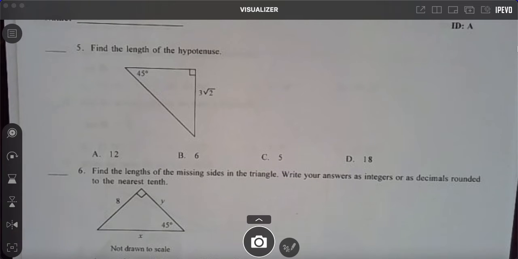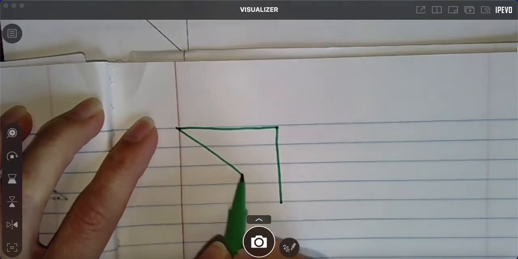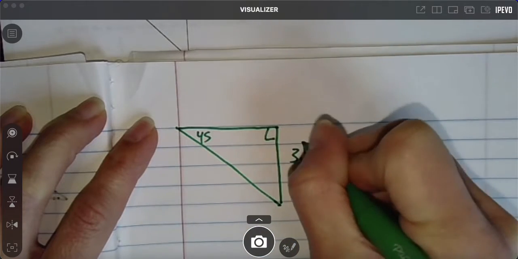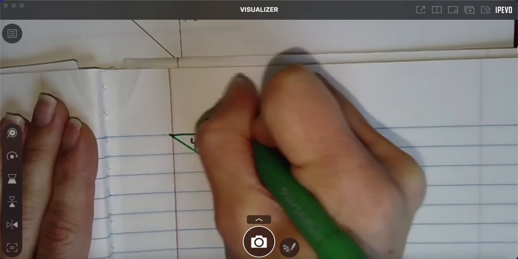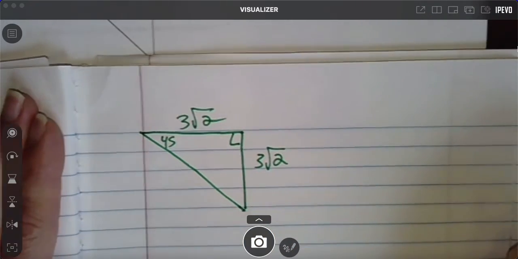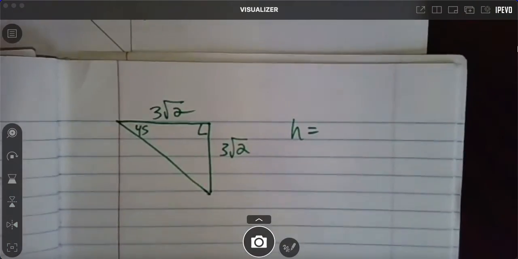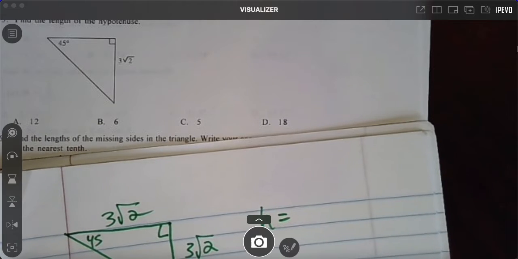So the 45, 45, 90, let me draw our picture first. This is when the leg lengths are the same. So I have a 45, 45, 90. If this is 3 square root of 2, then what's this one? 3 square root of 2. How did we find our hypotenuse? The hypotenuse was what?